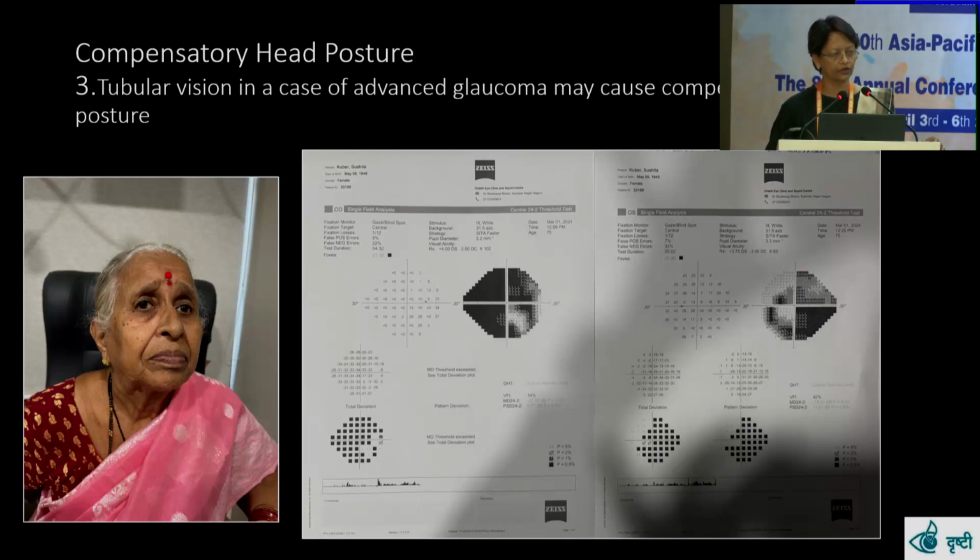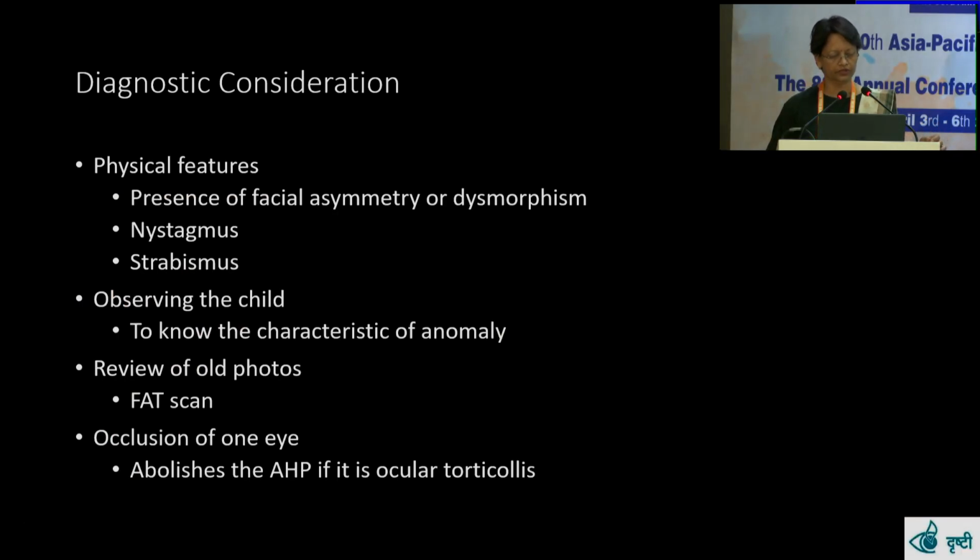Now, this lady had a head posture again, but she had neither glaucoma, strabismus, nor nystagmus. She had advanced visual field loss with tubular fields, and so she adopted this head posture so that she could see better. Then when coming to the examination, we have to look for certain physical features, like facial asymmetry, to know the characteristic of the anomaly.